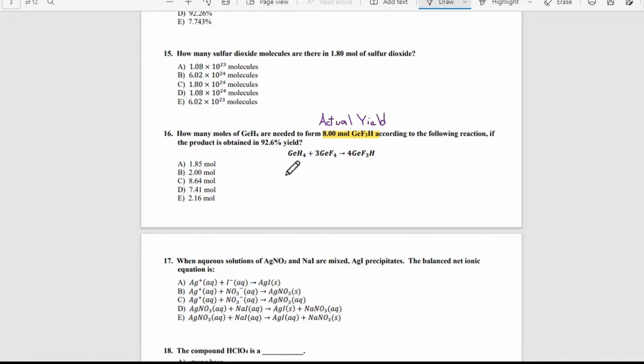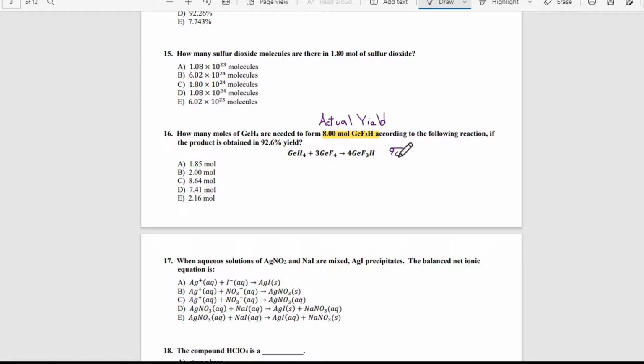So, there's a little clever way I like to do this particular problem, because as you remember, actual divided by theoretical times 100 is percent yield, right? Now I can convert my percent yield. Percent means per 100.